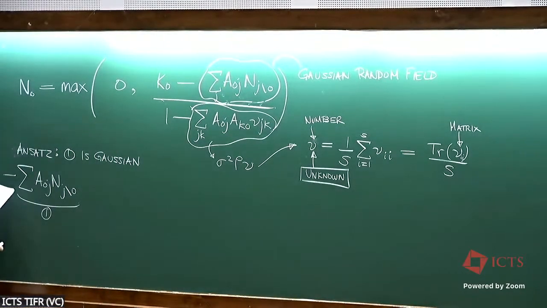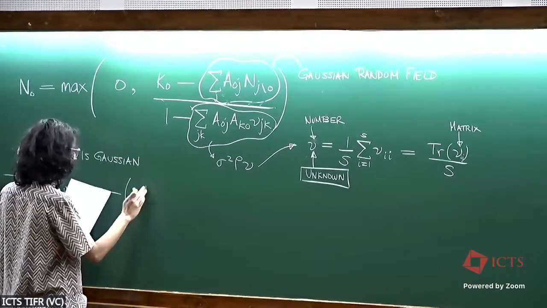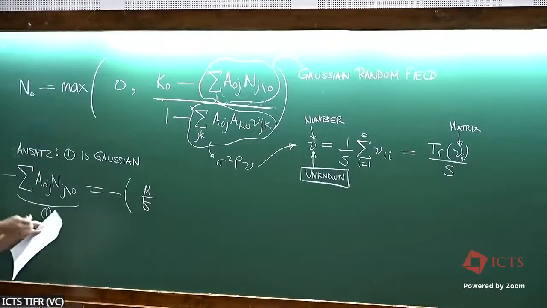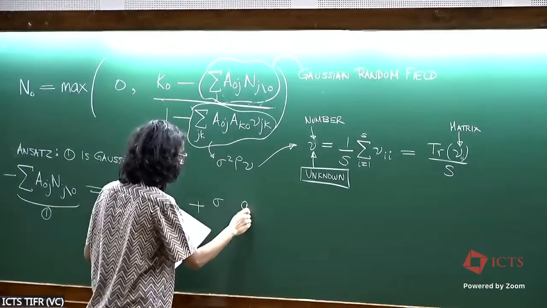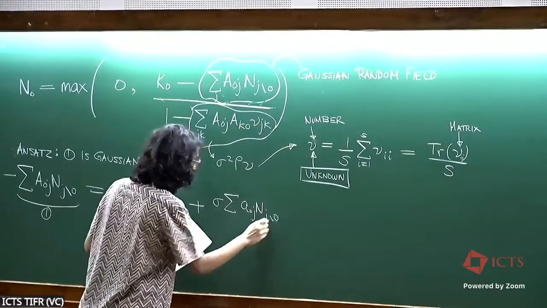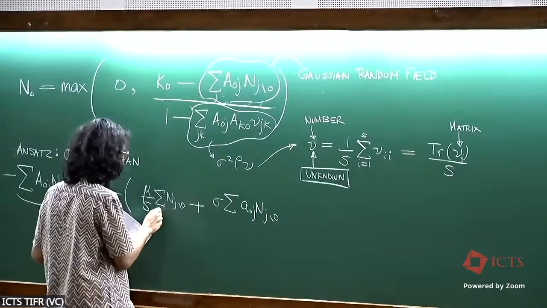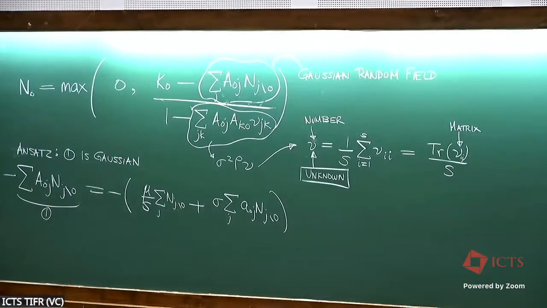And so we can try and compute this, right? So again, we can substitute our ensemble. A0J will be mu over S plus sigma times A0J. If I sum that over with Nj without zero, I will get this, right?